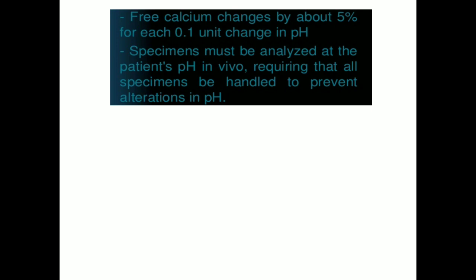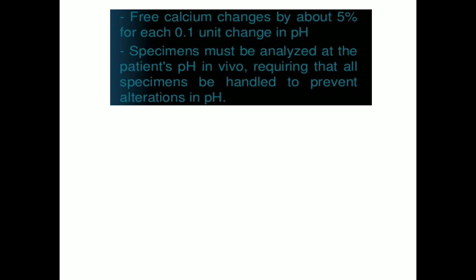If the pH changes just by 0.1 unit, say after you collect the sample the pH goes up from 7.4 to 7.5, then the calcium will change by 5%. So the calcium that was 10 will now become 9.5, because we have said that if pH increases, the free calcium will decrease.